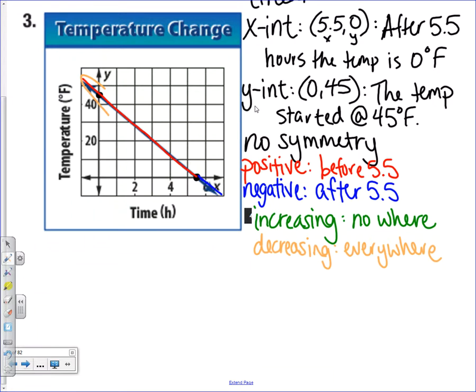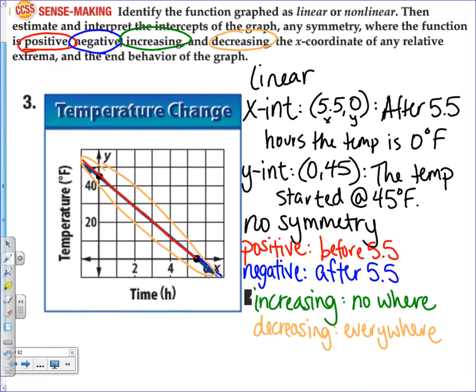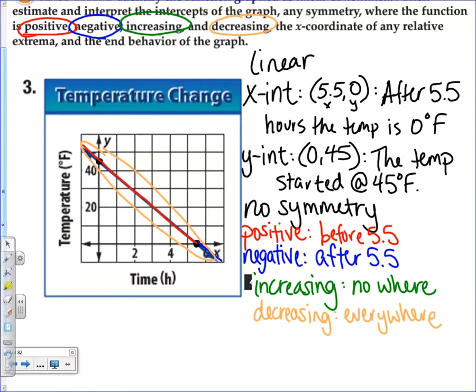This whole thing is going down. It is decreasing everywhere. And that was in orange. Okay, I promise we're almost done. What's next? Extremes. What are extremes? Valleys and peaks. There is none. So you're going to say extrema: none. I have no peaks or valleys, folks.